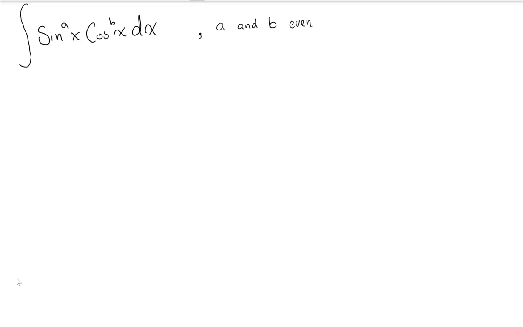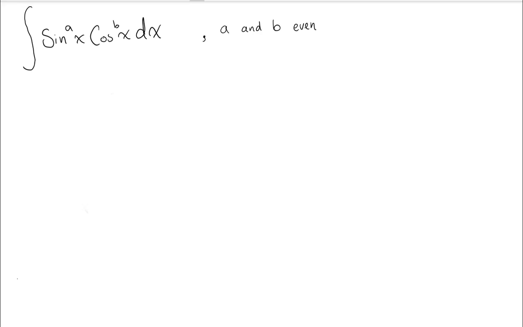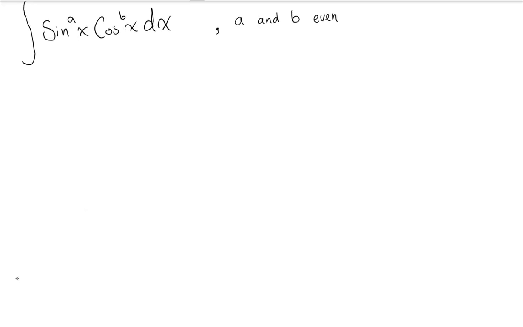And the general rule of thumb here is that first, if a is less than or equal to b, then we're going to use this substitution. Sine squared of x is equal to, and it's not even a substitution, it's just a conversion, 1 minus cosine squared of x.